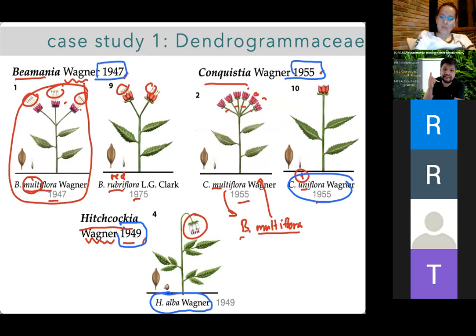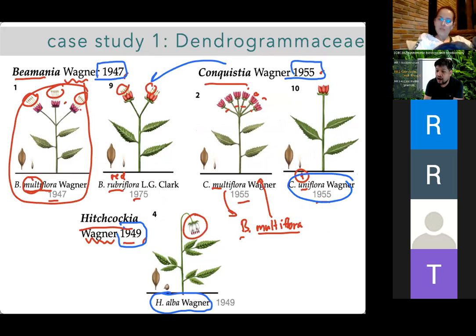So Wagner is the owner of alba, not Triplet. Triplet moved Conquistia to Birmania, and Triplet doesn't do anything with Hitchcockia. Or if we rename it Hitchcockia, it's still Wagner, because Wagner is the owner of the name Hitchcockia alba, even if Hitchcockia is older.